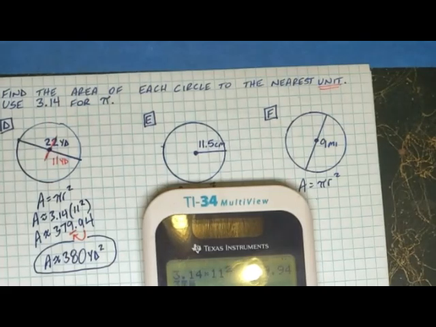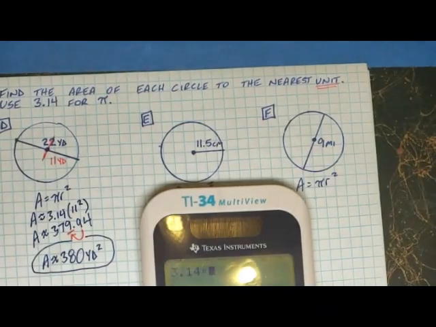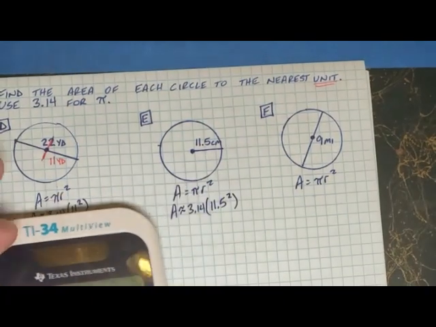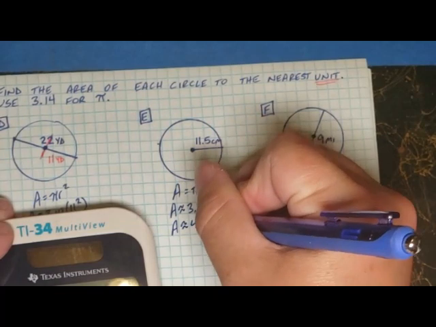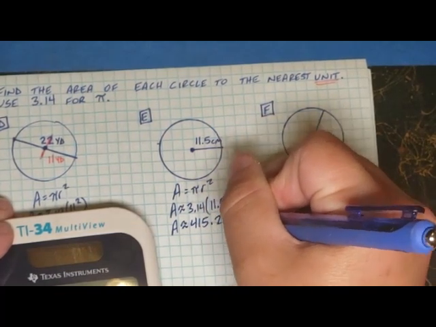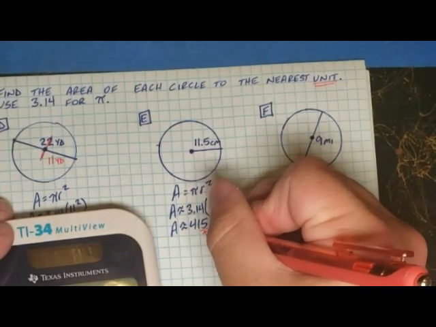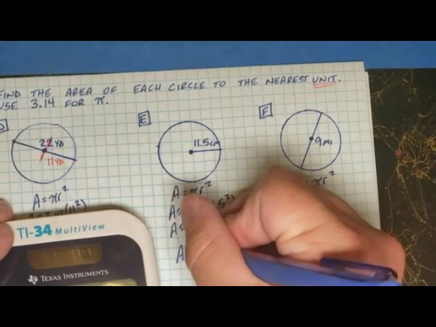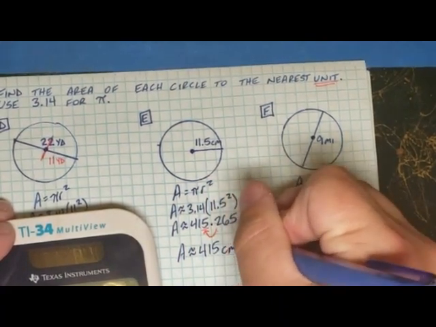All right, 3.14 times 11.5 squared is 415 and 265 thousandths. We look at the ones place. This 2 would let the 5 stay a 5. So the area is about 415 centimeters squared.